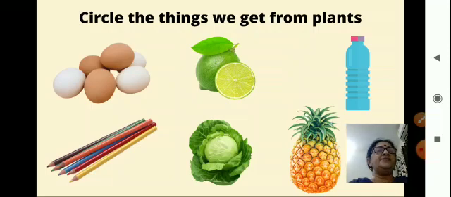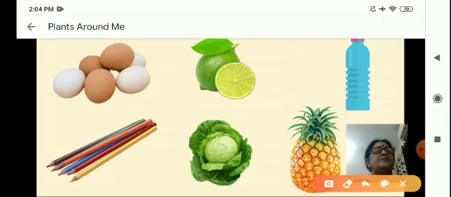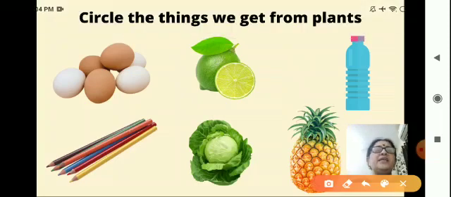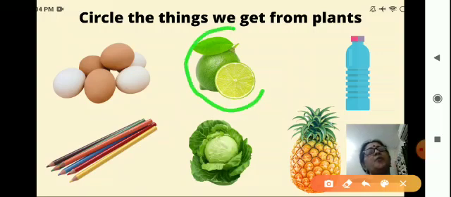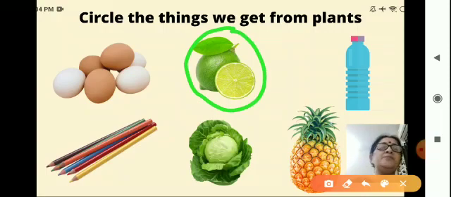Now let us see what all things we get from plants. We get eggs from plants? No. Then what about lime, lemon? Yes, it is a plant product. We get fruits and vegetables from plants.